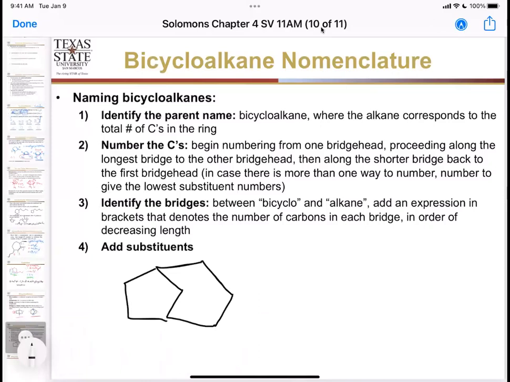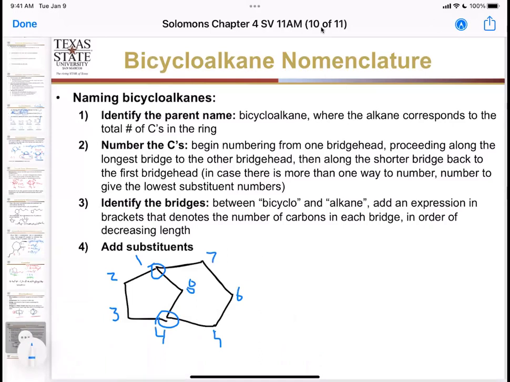So how many total carbons do we have in this bicyclo compound? I always start by circling the bridgehead carbons so you know where they are. Right here. So we're going to have 1, 2, 3, 4, 5, 6, 7, and 8. Notice you don't count any of the bridgehead carbons twice.